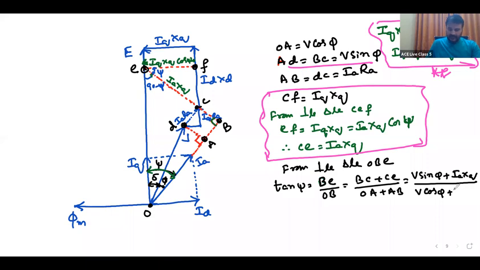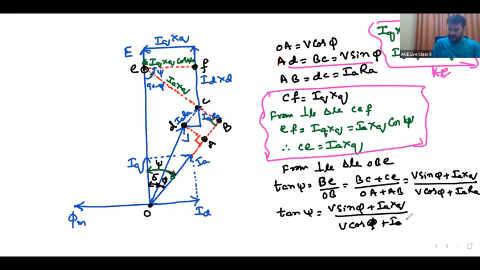AB is equal to I_a R_a. Therefore, tan psi is equal to V sin phi plus I_a X_q divided by V cos phi plus I_a R_a. This is whatever I have derived for lagging power factor.